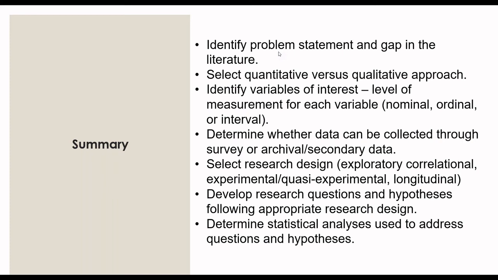You need to figure out what is the gap in the literature, then move forward from there. A good suggestion would be to look at the ends of articles that you're reading, where you maybe found a topic you're interested in. Towards the end of many articles and journal publications, they give recommendations for future research. That is a good starting point where you can build your research off of those recommendations.